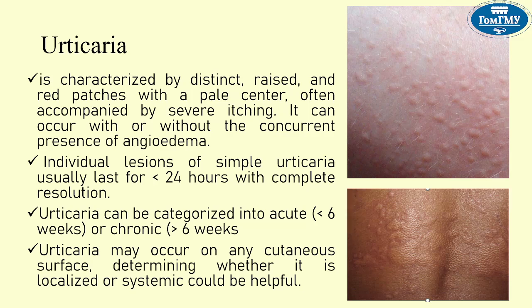Urticaria may occur on any cutaneous surface; determining whether it is localized or systemic could be helpful, especially in the case of drug allergy, insect venom allergy, and oral allergy syndrome. Cholinergic urticaria, which is a type of physical urticaria, mainly occurs under the armpits, groins, and lower limbs. Rarely, urticaria may be associated with periodic fever syndrome.